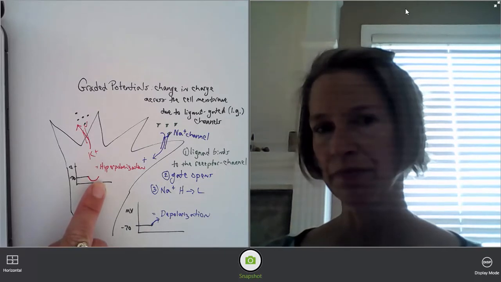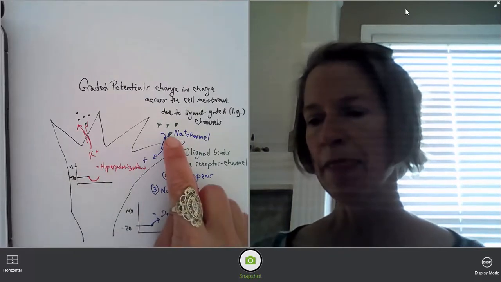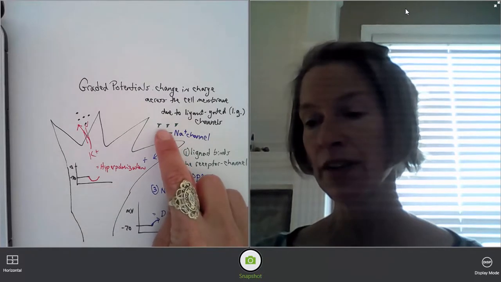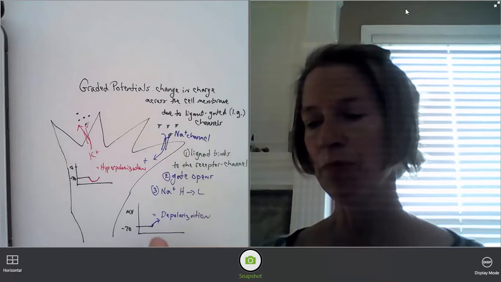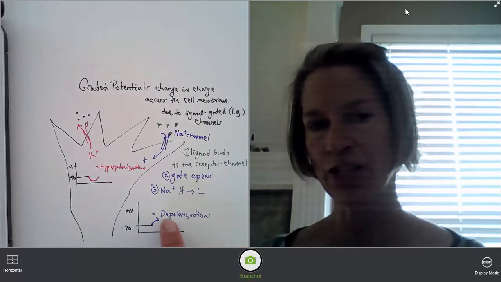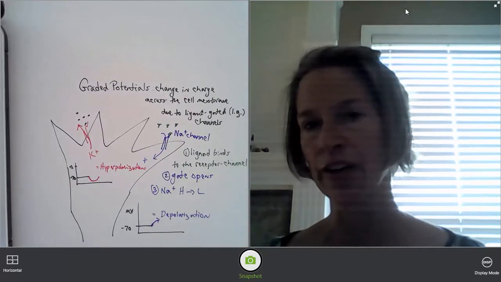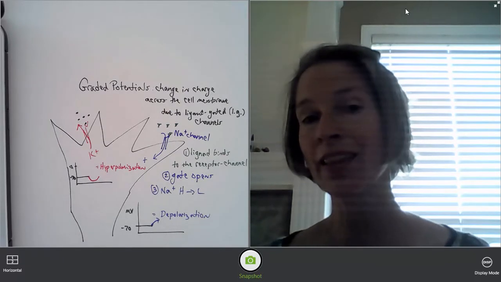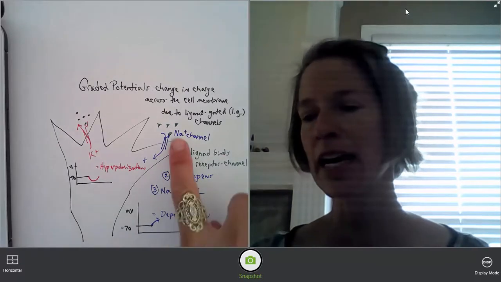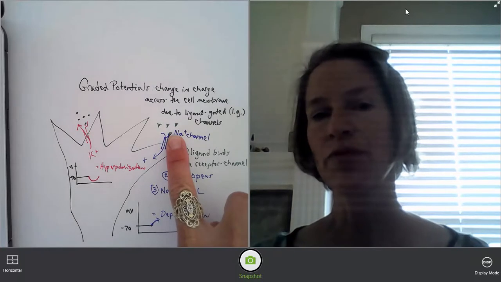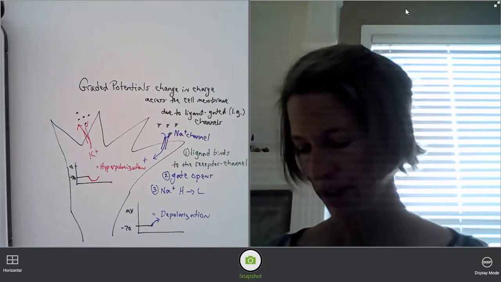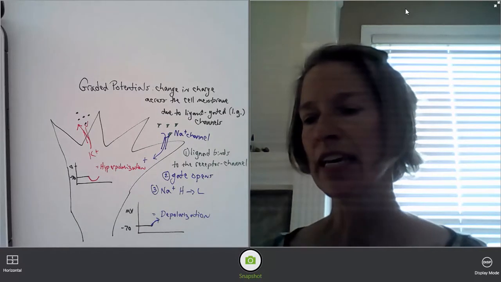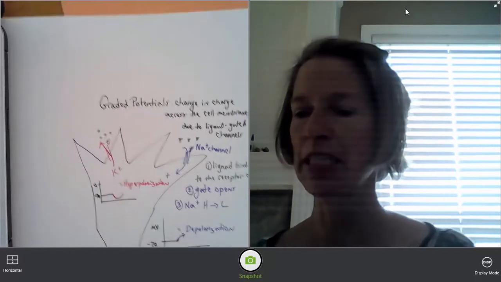Hyperpolarization. Here, the ion flowing is a positive coming into the cell, making the inside more positive, a depolarization. These are very short-lived because when the ligand leaves that binding site, the channel closes and there will be no more ion flow. Graded potentials can be big or they can be small.